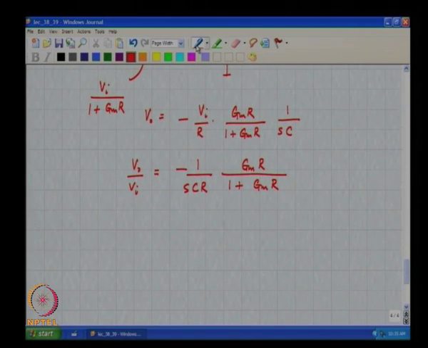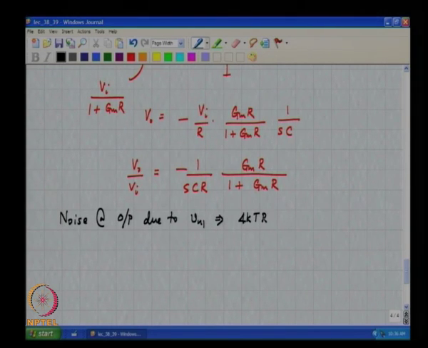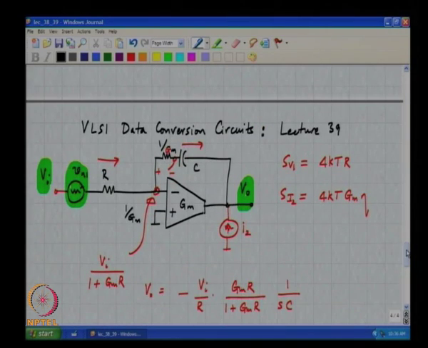So, the noise spectral density at the output due to the resistor is nothing but 4kTR times, if I call this H1, mod H1 of f the whole square, right. So, this noise source we are done with.